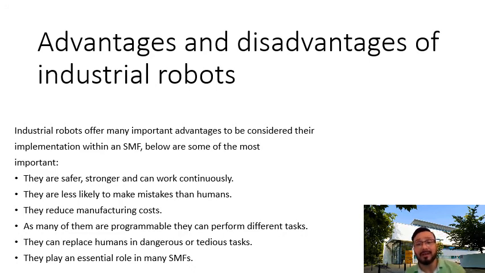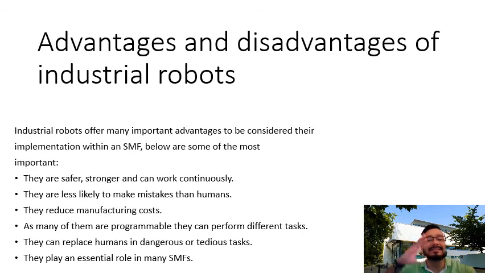They are safer, stronger, and can work continuously. They are less likely to make mistakes than humans. They reduce manufacturing costs. As many of them are reprogrammable, they can perform different tasks. They can replace humans in dangerous and tedious tasks.